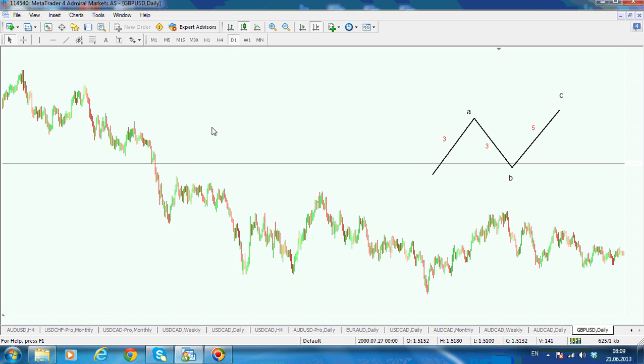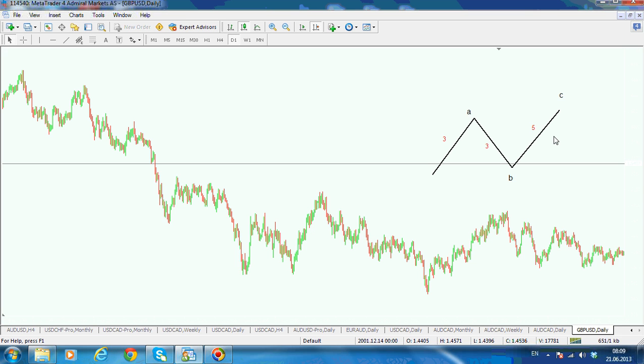Wave C also must be an impulsive move or an ending diagonal. So whenever you're looking for a C wave here, this is an ABC. As you can see, the C wave has a structure of 5 smaller degree waves. In order to have 5 smaller degree waves, you have only 2 possibilities for such a pattern: either an impulsive move, or an ending diagonal.